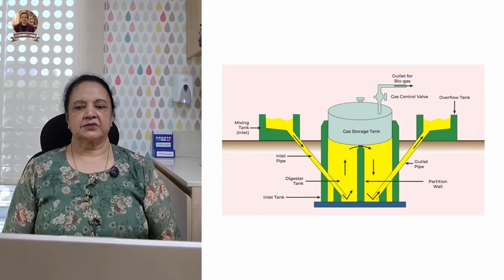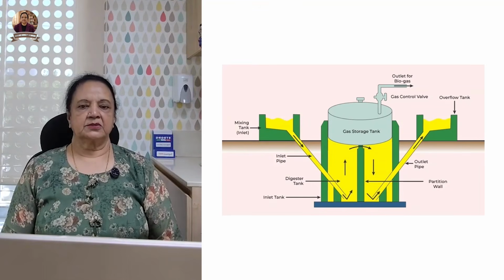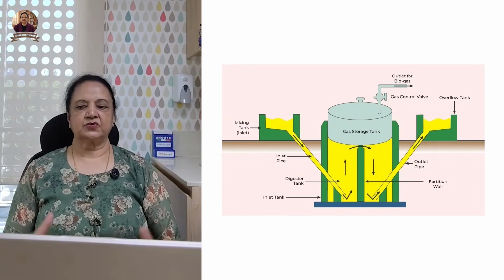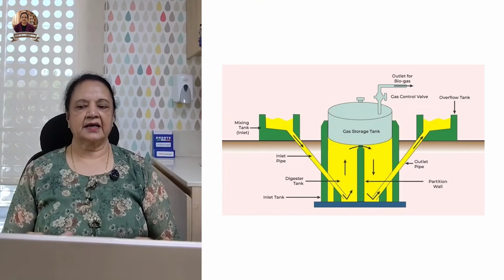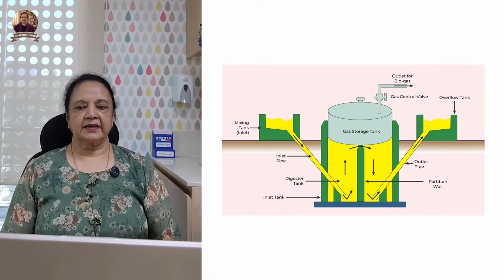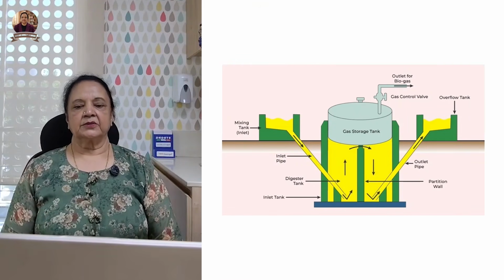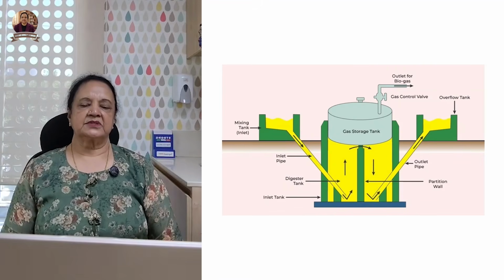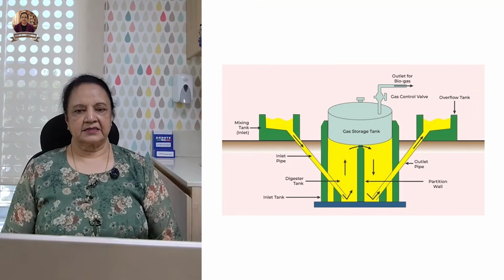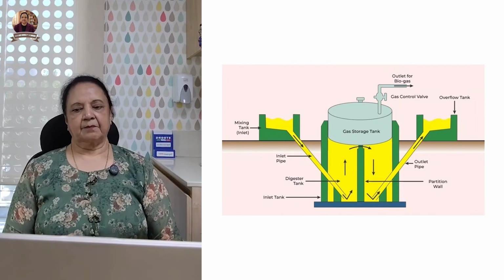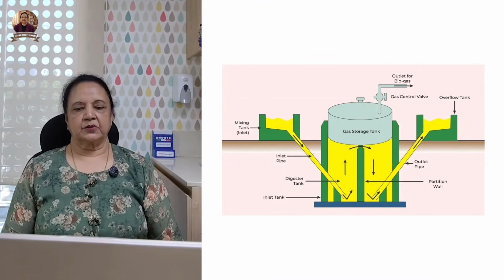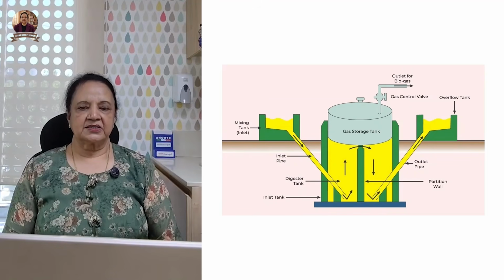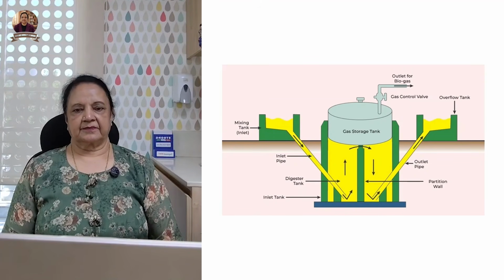They decompose the complex organic compounds, producing biogas, which rises and collects in the gas holder. The spent slurry is removed through the outlet and can be used as a rich fertilizer, the manure. The biogas can be piped out for use as a fuel for cooking, lighting, or generating electricity.